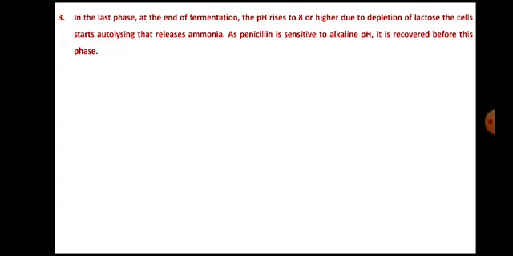But penicillin molecules are highly sensitive to alkaline pH, because penicillins, if exposed to alkaline pH, get converted to penicilloic acid. Therefore, it is better that the fermentation broth is harvested before the pH becomes alkaline.